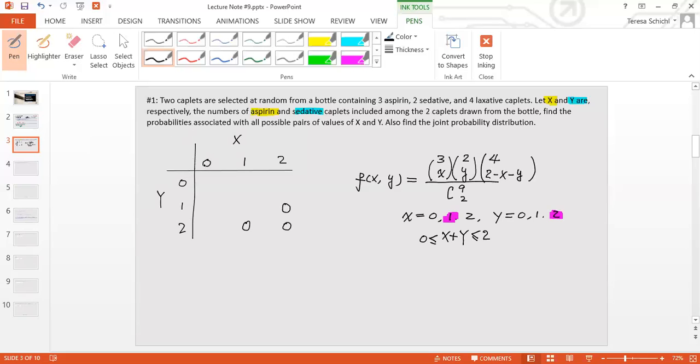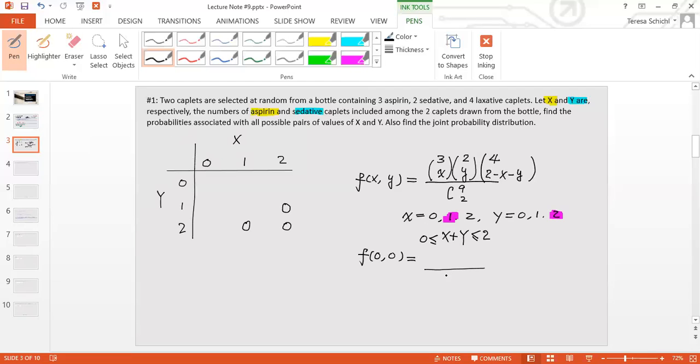Okay, let's take a look at the 0, 0 here. When x equals 0 and y equals 0, I'm only going to do a couple, then you will be able to do the remaining and check it. So that means I have 0 aspirin and 0 sedative, and then both of the pills from the laxative, right?